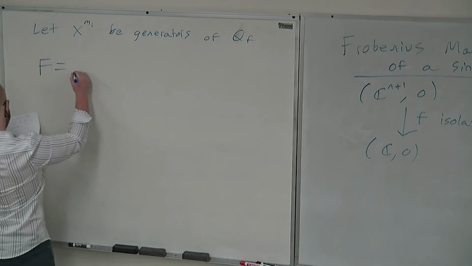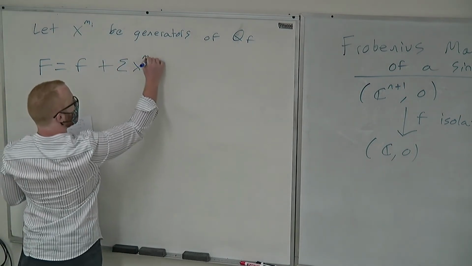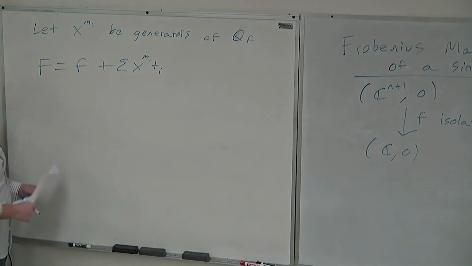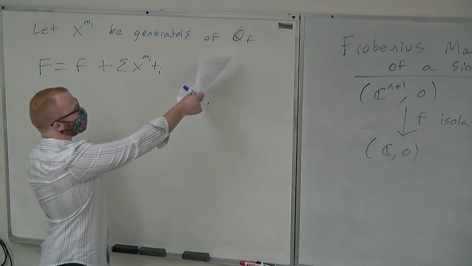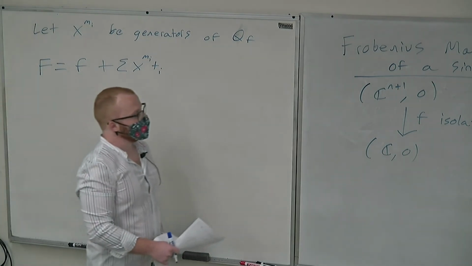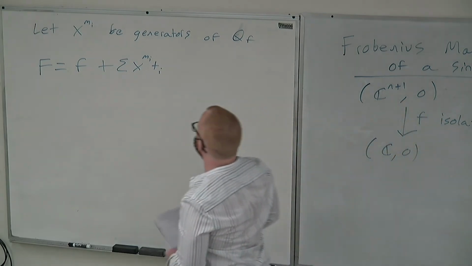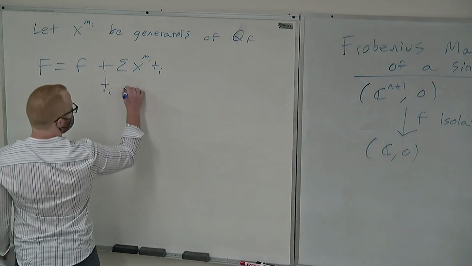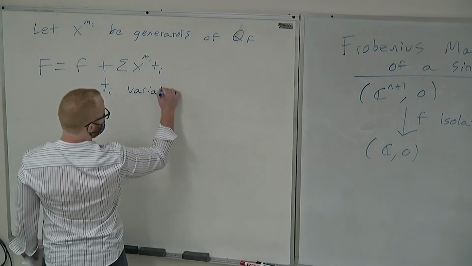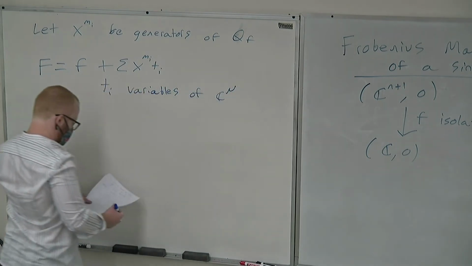And so this semi-universal deformation is going to look like this, where we just multiply these generators of the algebra by some new variables t_i. These t_i are the variables of my deformation space, the coordinates of C^mu.